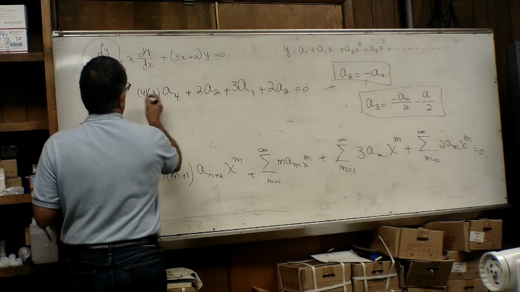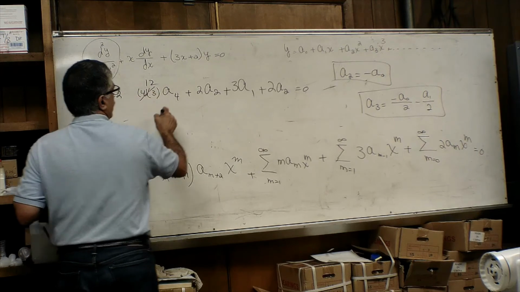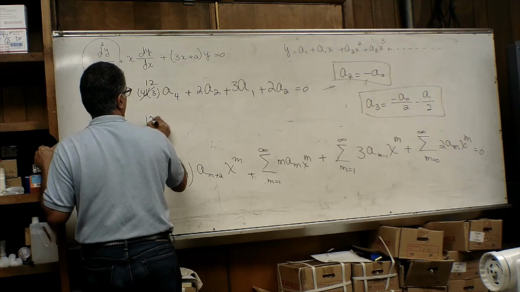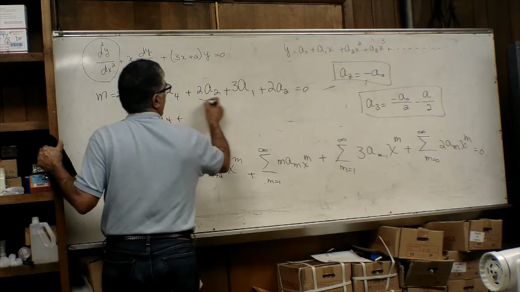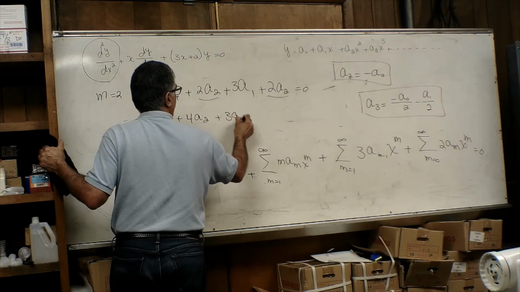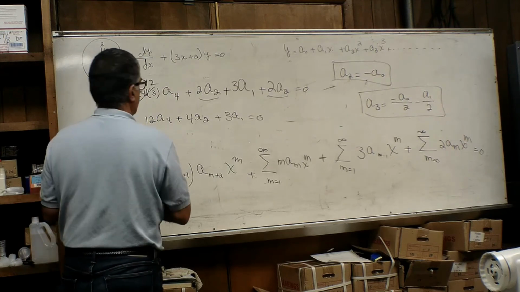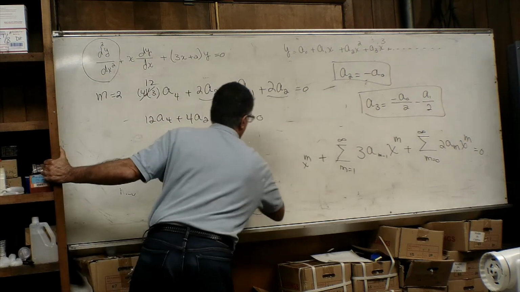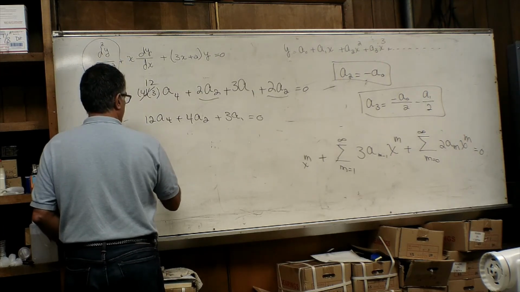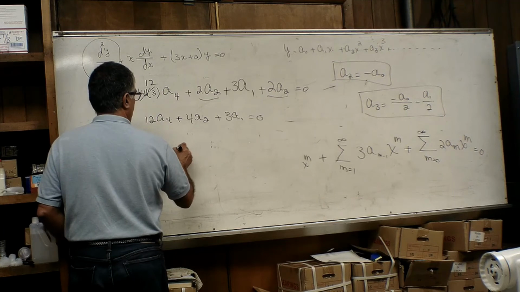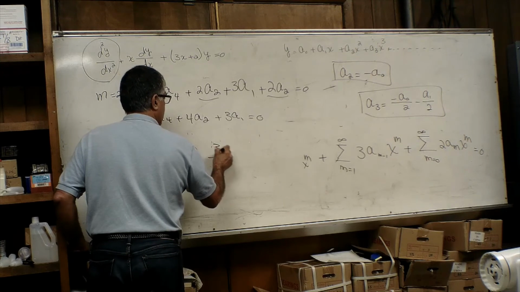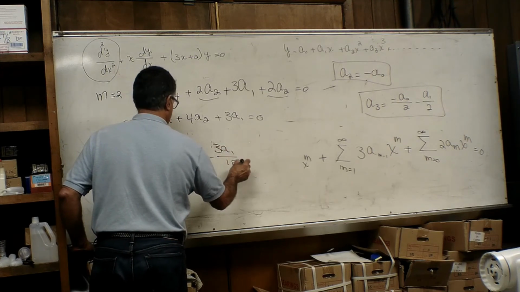So here 4 times 3 is 12, and we can write this as 12A4 plus 4A2 plus 3A1 is equal to 0. So here we can write A4 will be equal to minus 4A2 divided by 12 minus 3A1 divided by 12.